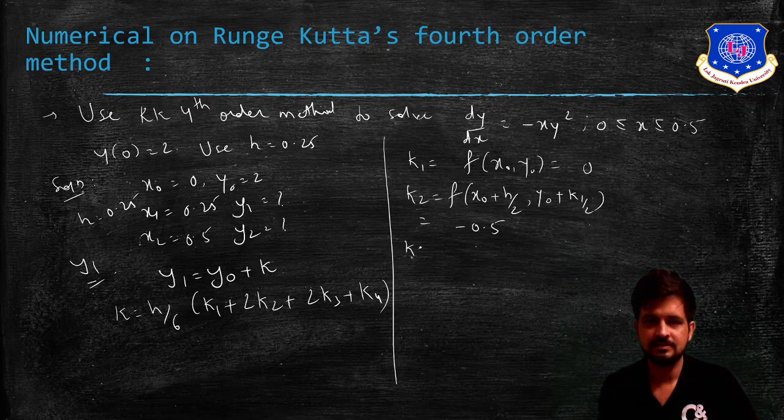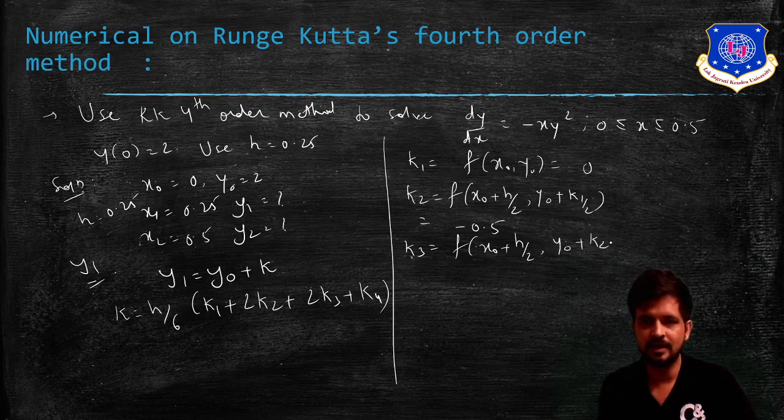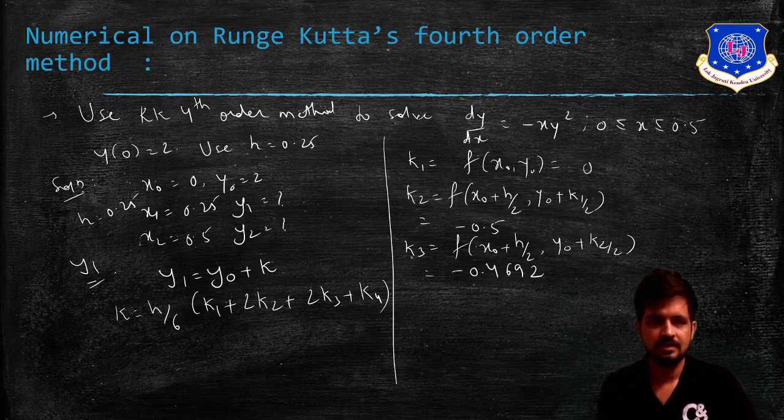minus 0.5. k3, f of x0 plus h by 2 and y0 plus k2 by 2. Solve it, you will get the answer minus 0.4692. Fine. Then what we have to do?